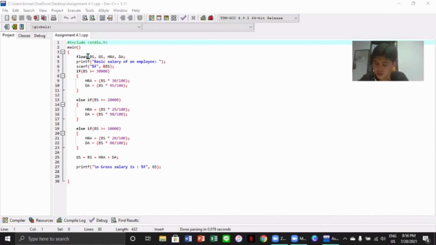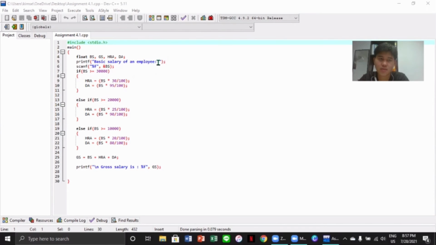We use float to declare them, and we put printf to ask for the basic salary of an employee, and we have to enter the salary number that we use to calculate the gross salary, and we use scanf to read it, and that becomes the basic salary.